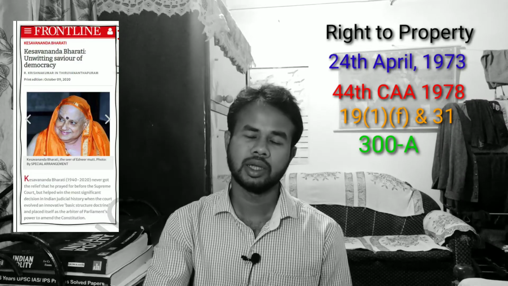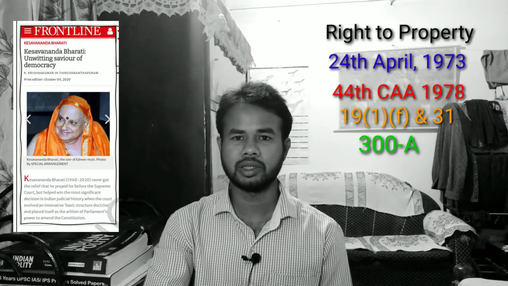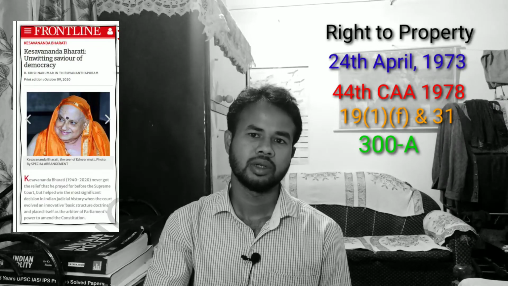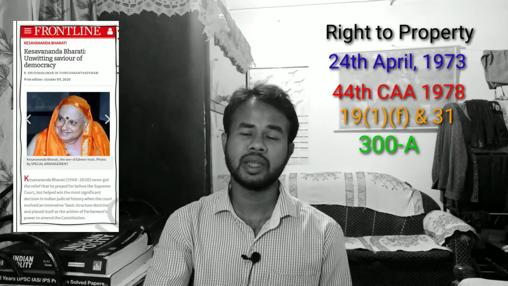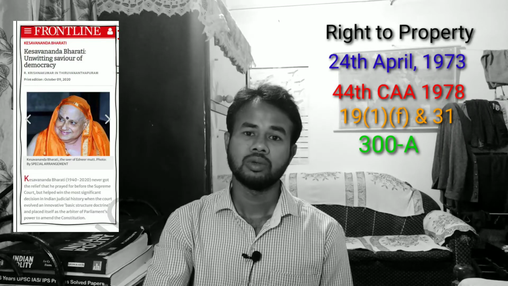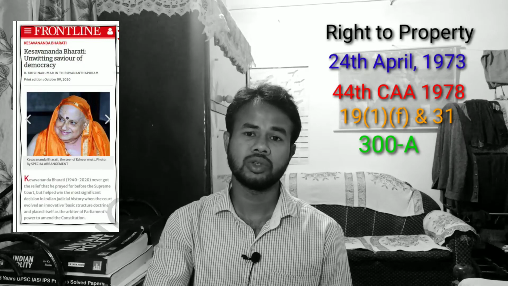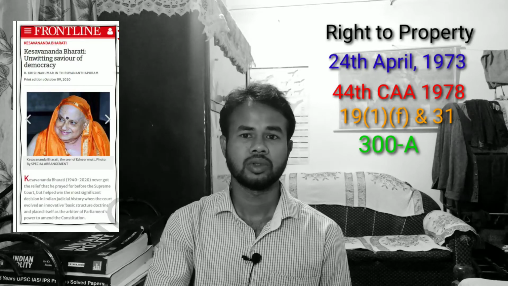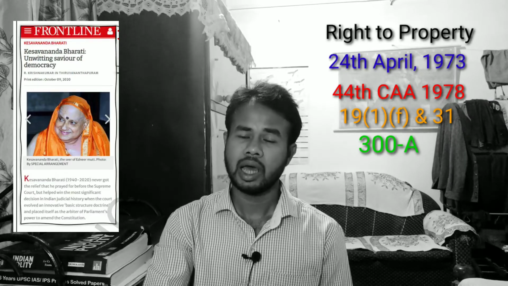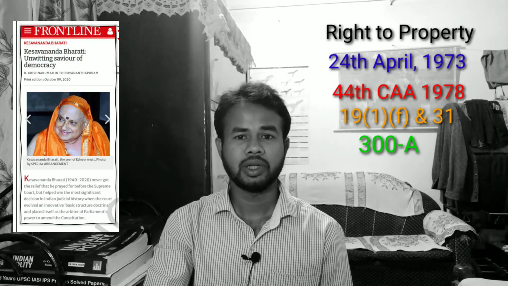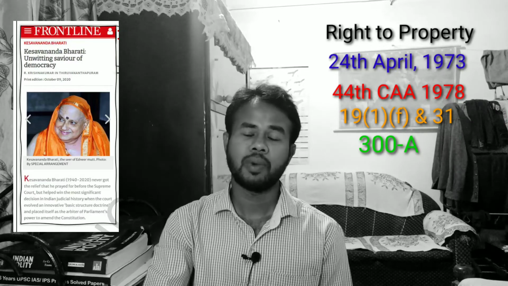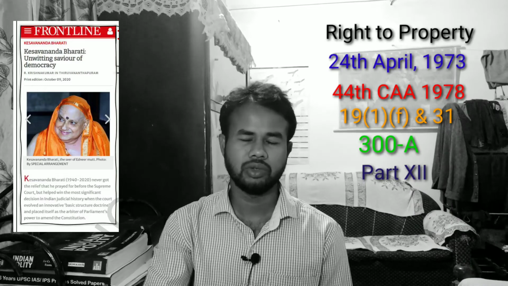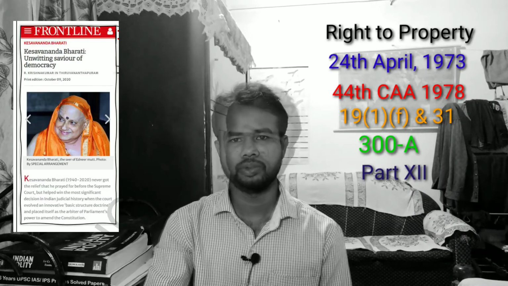Also remember the judgment of the Keshavananda Bharti case, 24th April 1973, and Articles 19(1)(f) and 31, which were in the original Constitution and described the fundamental right to property. Now the right to property is a legal right under Part 12 of the Constitution. These are the important things you need to remember for your exam.